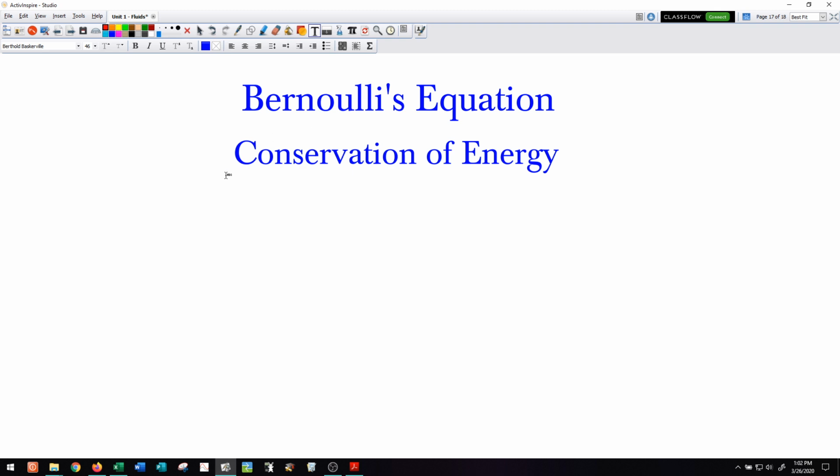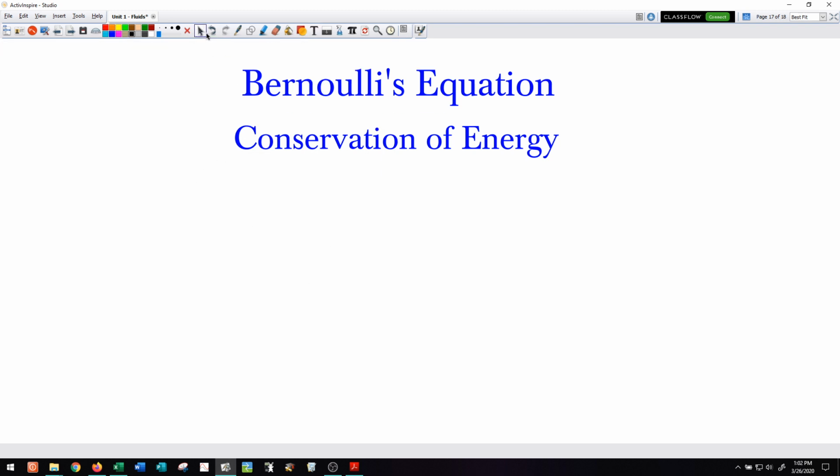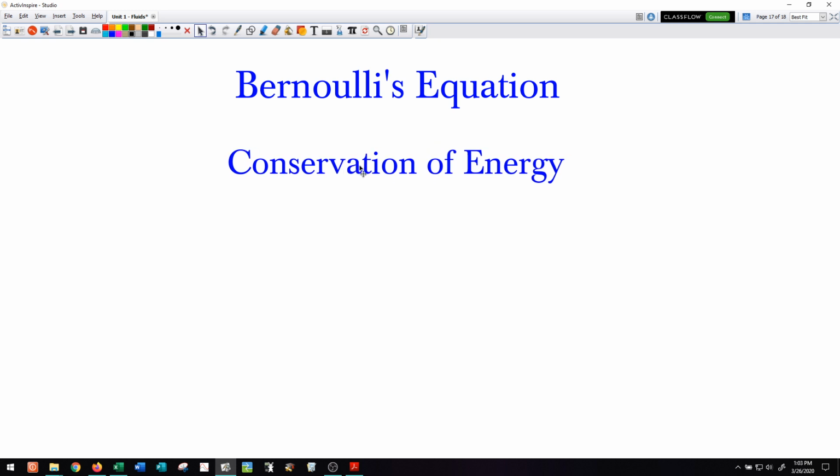With this relationship, you don't see a lot of calculations on the AP exam, but you will see information that has to do with the energy conservation side. So it's more of a conceptual question. But I would go back through and look at the couple of examples that we did in the notes and see how you actually use a conservation of energy idea.